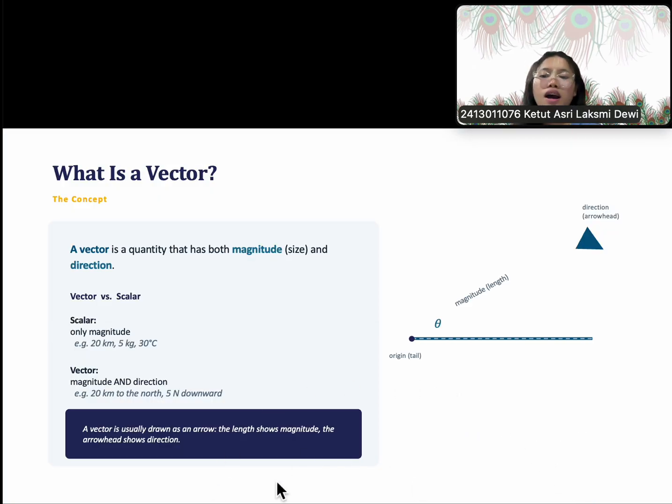Now let's talk about the definition. A vector is a quantity that has two important parts: magnitude, which means the size or amount, and direction, which means where it is going. This makes a vector different from a scalar.